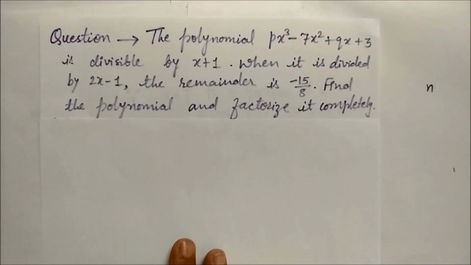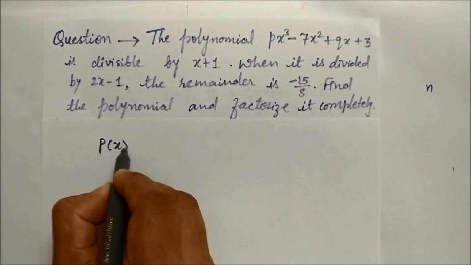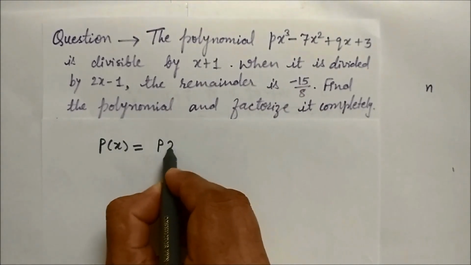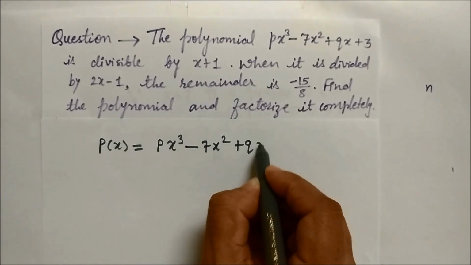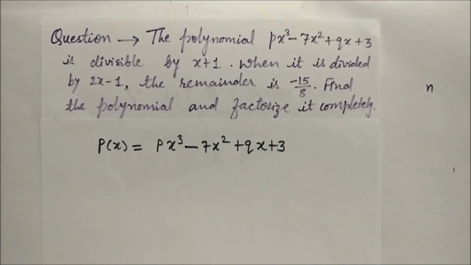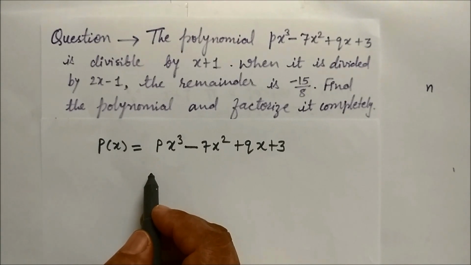Now the question is here, the polynomial p(x) is equal to px cube minus 7x square plus qx plus 3 is divisible by x plus 1. Divisible by x plus 1, the meaning is here, in such case x plus 1 is a factor of p(x).